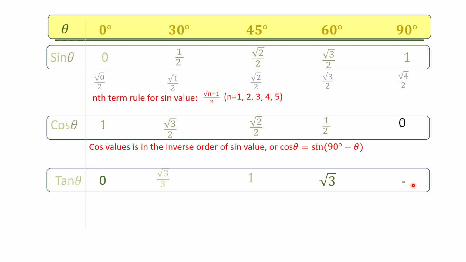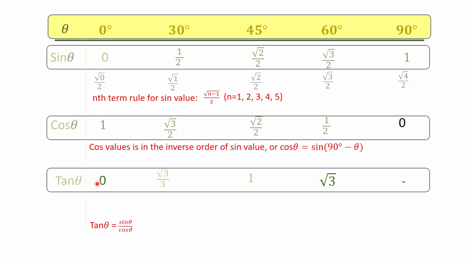Okay? So, how to remember tan values? Here's the relationship you can use. Okay, tan equals sine divided by cosine. This can be easily proved. I will show you later. So let's say these values actually follow this relationship.